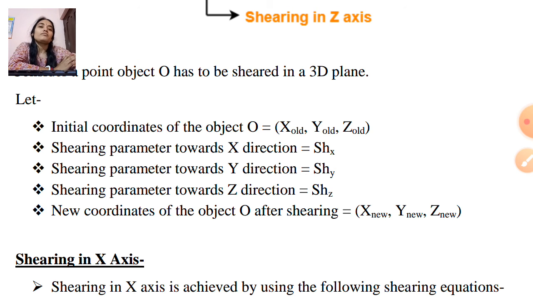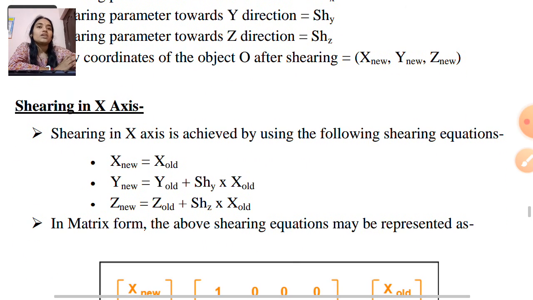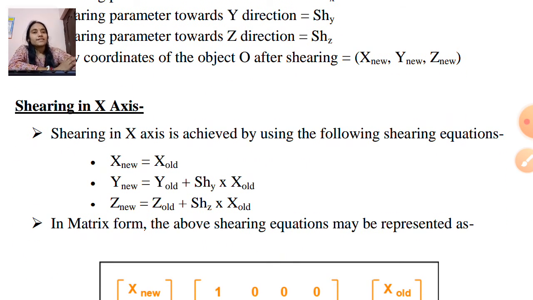Okay. So, first we discuss shearing in x-axis. Shearing in x-axis is achieved by using the following shearing equation. x new equals x old as usual, y new equals y old plus shy into x old, and z new equals z old plus shz into x old.